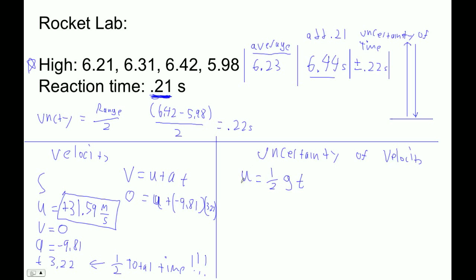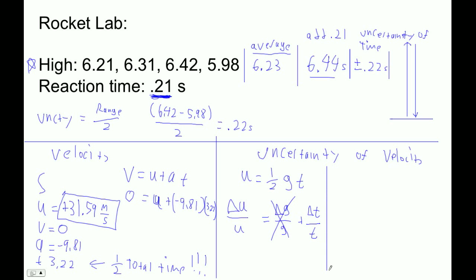So the uncertainty of the initial velocity is, relative to the initial velocity, 1/2 doesn't count because it's exactly a half. It would be the uncertainty of gravity over gravity plus the uncertainty of time. I'm really hoping this looks familiar because we've done 10 of these or something. Now, I'm going to propose that the uncertainty of gravity is negligible because 9.81 is like a constant. It's like the uncertainty of pi, only somewhat more uncertain. So I'm just going to cross that off, and now it just becomes a direct proportion.